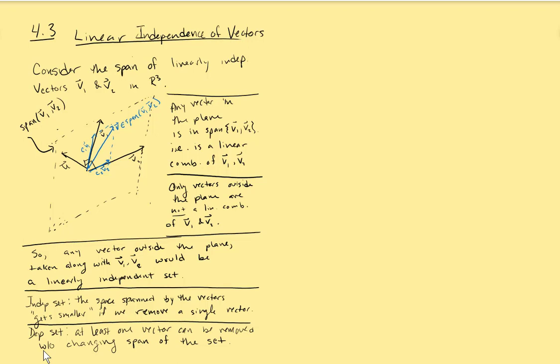And that's true of all dependent sets. If I've got a dependent set, there is at least one vector that can be removed without changing the span, the space we can actually cover with linear combinations of those vectors. So a couple examples here.